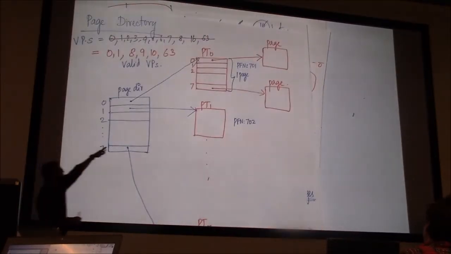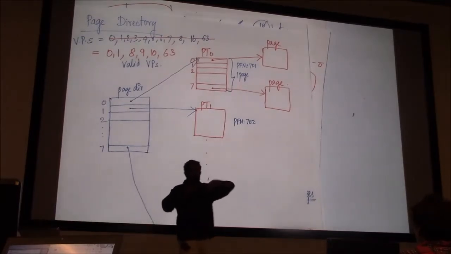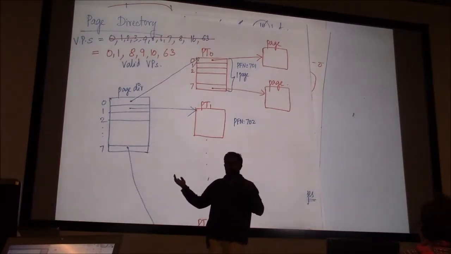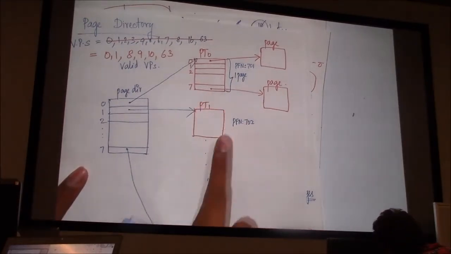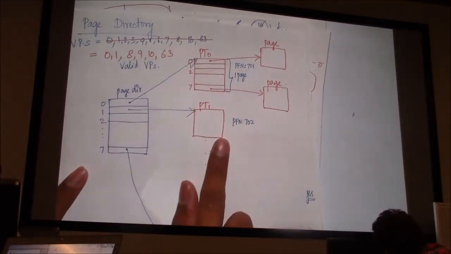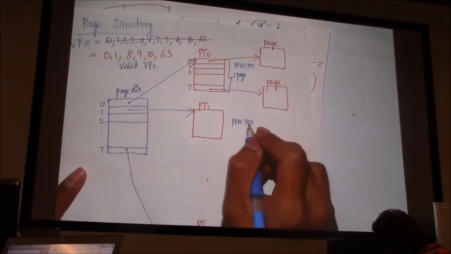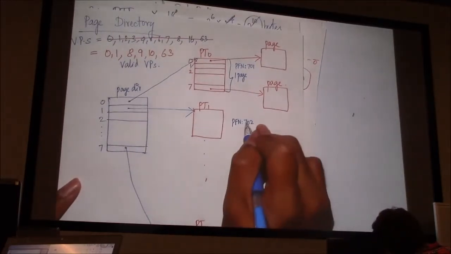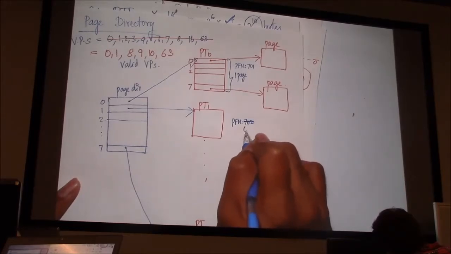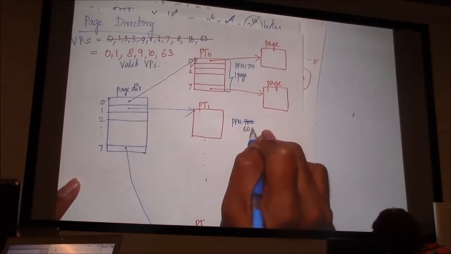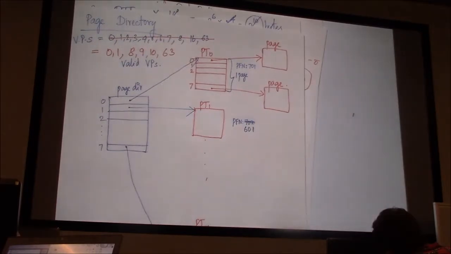Here I had an example like 701, 702, but these can be just scattered anywhere basically. This physical frame where this particular part of the page table is stored need not be the next physical frame. This can just be 601 also, okay? This can just be some number, that's the important thing here.